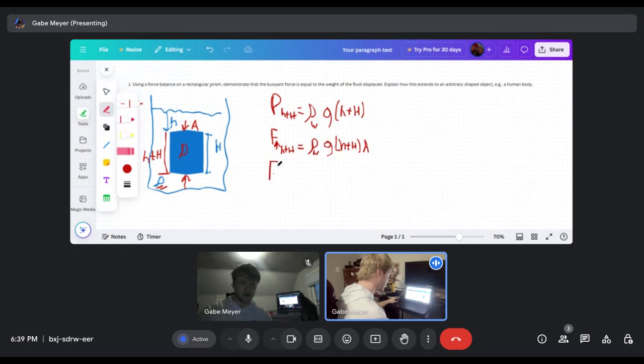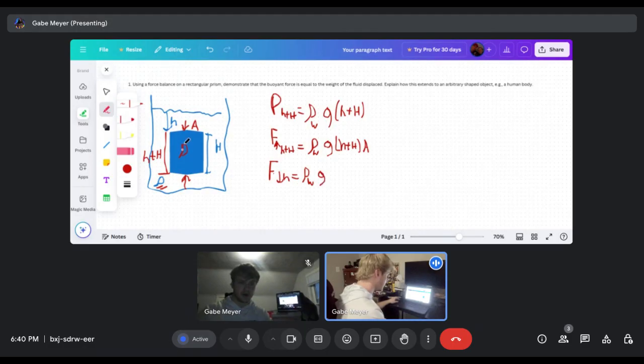And let's find the force acting down at the top of this rectangular prism at a height of just a little h. That is equal to the density of water still times gravity.